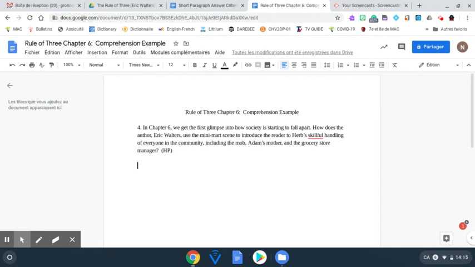So this is a statement of fact that in chapter 6, this is what we first start to really see that things are not going well. So the question is, how does the author Eric Walters use the mini-mart scene to introduce the reader to Herb's skillful handling of everyone in the community, including the mob, Adam's mother, and the grocery store manager?